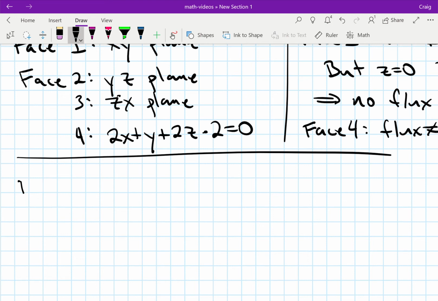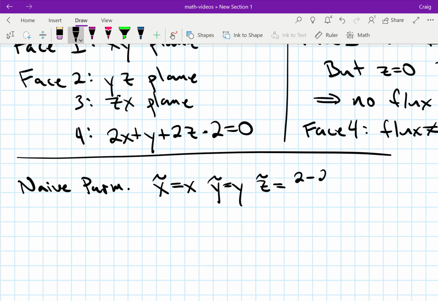So naive parameterization: let's write x is just equal to x, y just equal to y, and then I have to write z as a function of x and y, and that's just the equation for the plane. So z is going to be equal to (2 minus 2x minus y) over 2. So that's my parameterized surface.